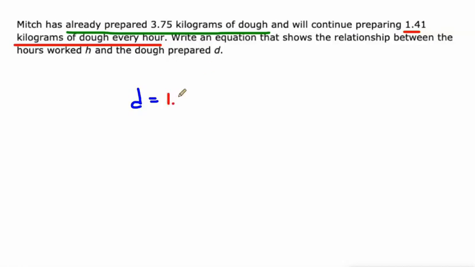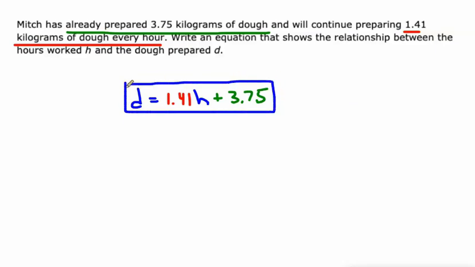Our constant rate of change is 1.41 kilograms per hour, and we're using h for the number of hours. And he's already got 3.75 kilograms prepared. So there's our equation in slope-intercept form: D equals 1.41h plus 3.75.